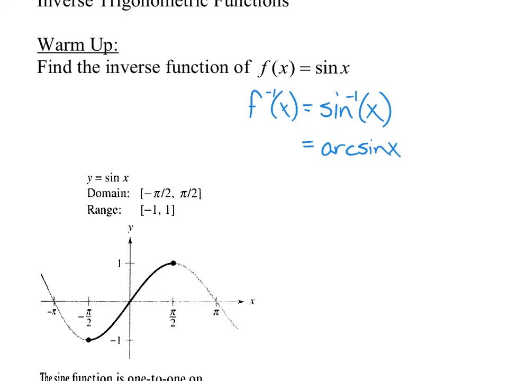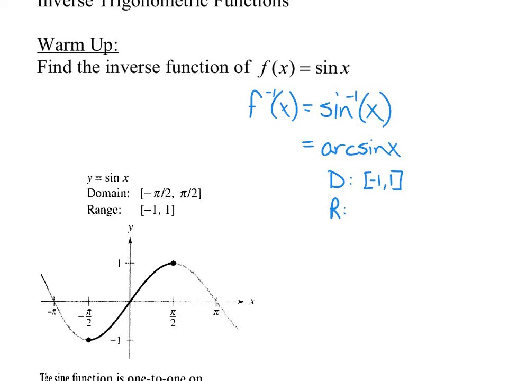Now, one of the things I want to make sure we identify here is what is the domain and what is the range for arc sine. Okay, what's the domain, first of all? Yeah, it goes from negative 1 to 1. So you cannot plug anything into the arc sine that is outside of that interval.